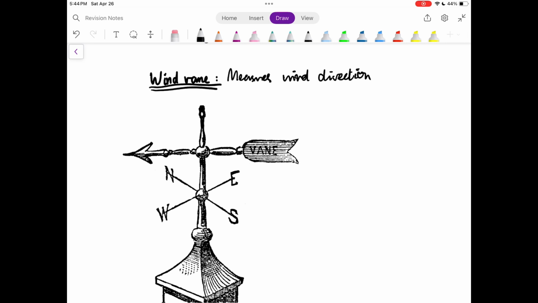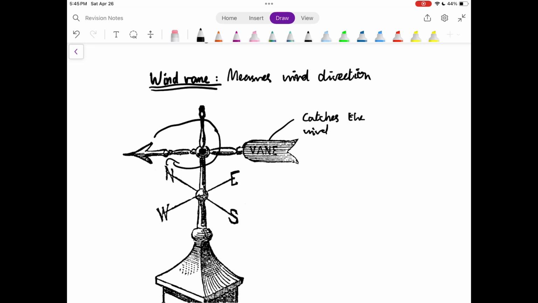The broad end catches the wind, and this causes the arrow to spin around, and the compass points are fixed on a tall pole, as you can see here, so it rotates on a pivot.